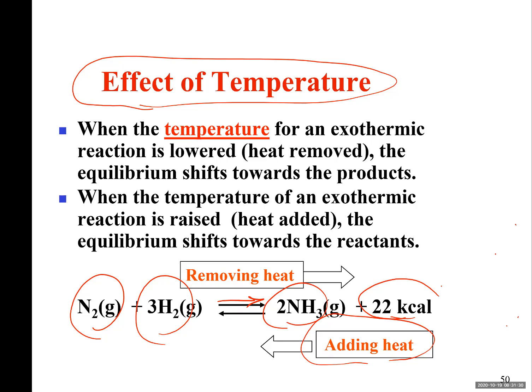So I am adding heat. So if I am adding heat, what would equilibrium do? Equilibrium will try to reduce the heat, right? So equilibrium will counteract the change by reducing the heat.